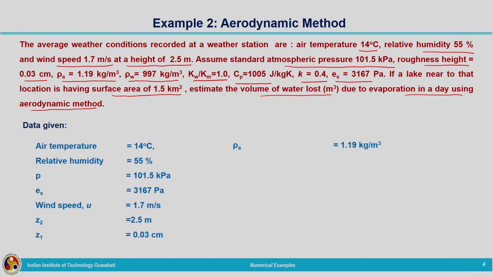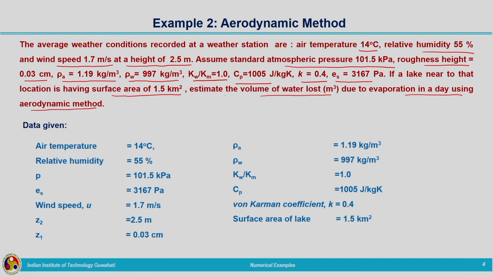And then the value given for density of air is 1.19 kilogram per meter cube, density of water 997 kilogram per meter cube, Kw by Km is taken as 1 and Cp is 1005 joules per kilogram Kelvin, and von Karman coefficient we commonly use as 0.4, and surface area of lake is given as 1.5 kilometers square. So, these are the data given to us.